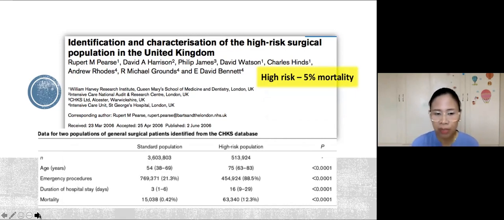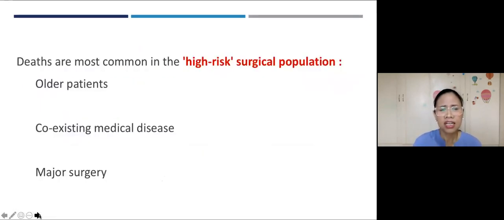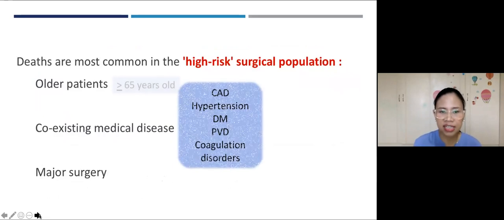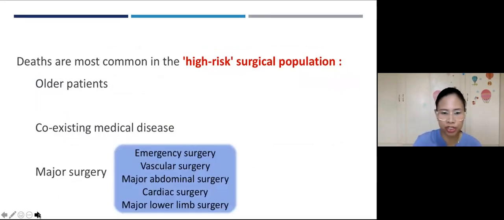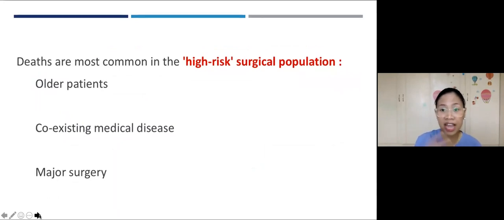They identified patients who were 75 years and older who underwent emergency surgery and with a long duration of hospital stay as high risk, right? Deaths are most common in this population. Okay, so older patients, those with coexisting medical conditions, and those undergoing these types of surgeries. That's why these comprise the high-risk population.